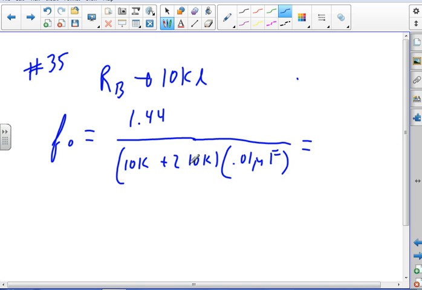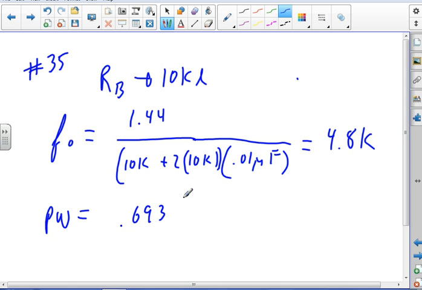I better put parentheses here so that it looks like we're doing the problem right. So 1.44 divided by 30K, divided by 0.01 micro. Do we get 4.8K? 4.8K.